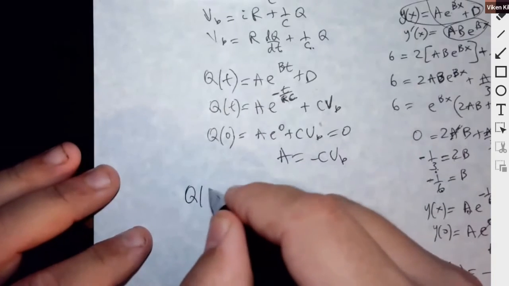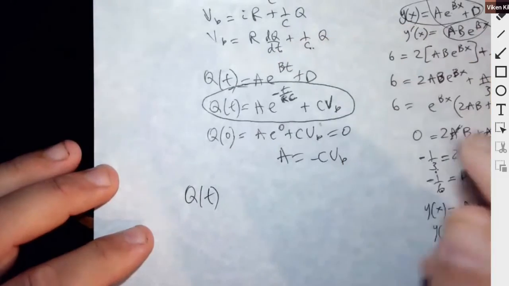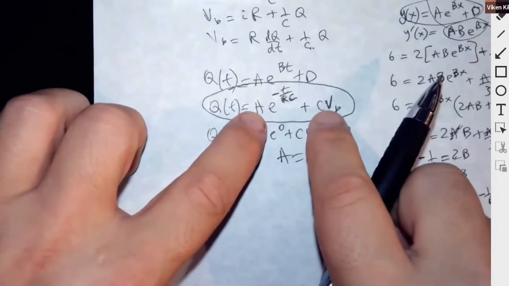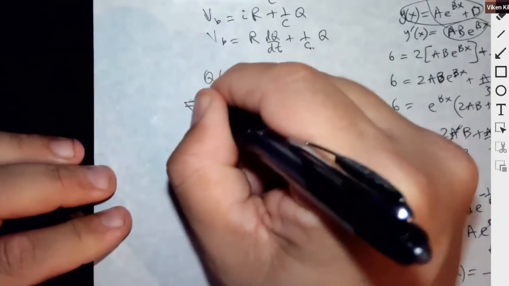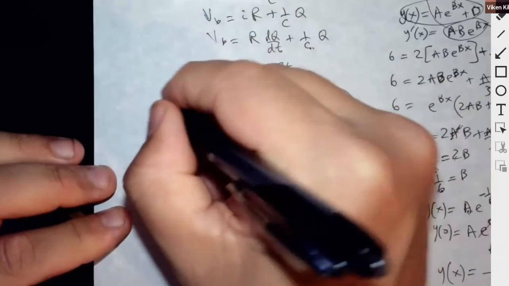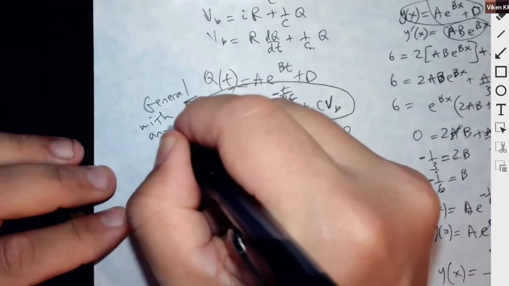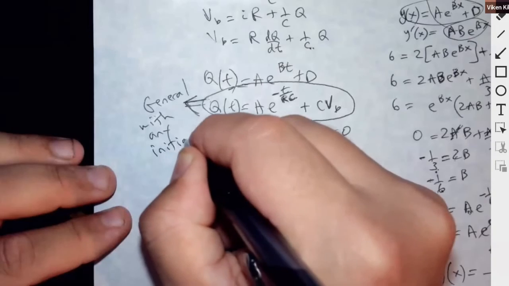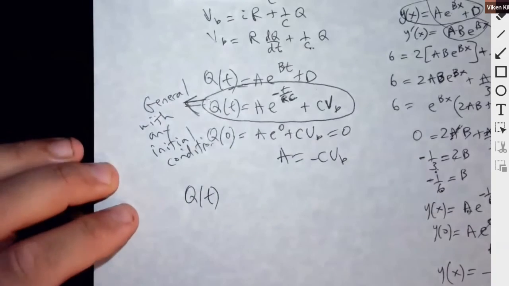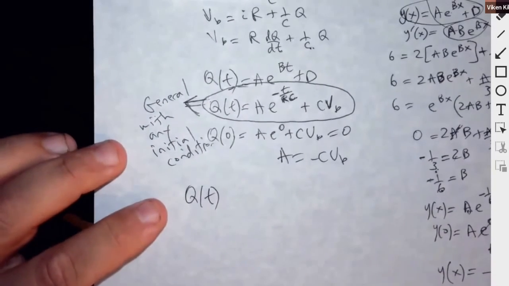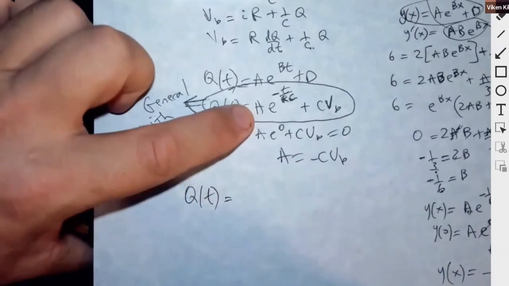So Q as a function of T. I'll say this is the general solution with any initial condition. Then I'll apply the initial condition, and then I'll get A is negative CVB.